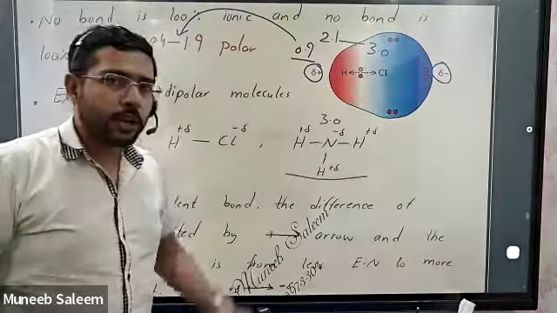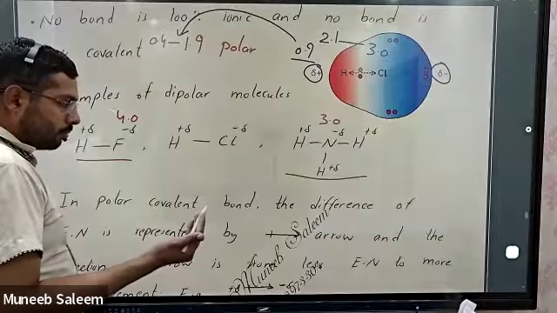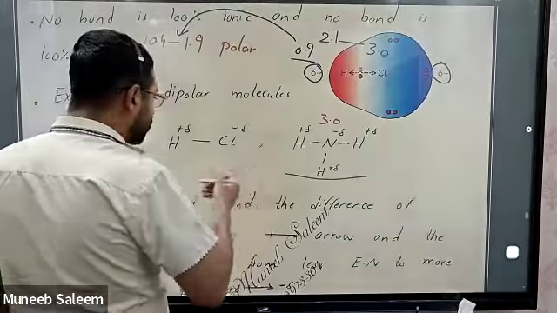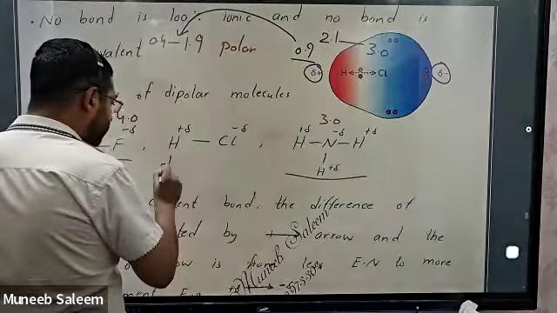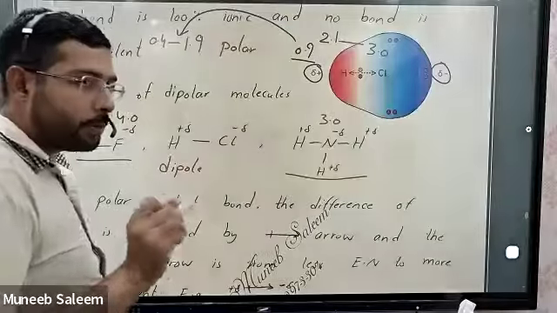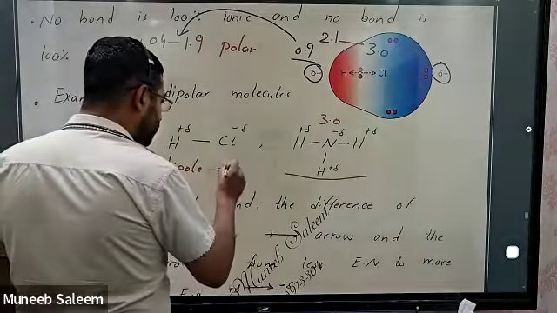Whenever we have polarity in the molecule, we have to indicate the direction of the dipole. Dipole means having two poles. There will be a dipole within a polar molecule.